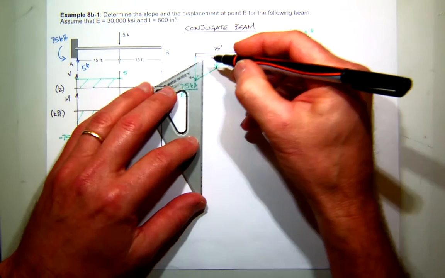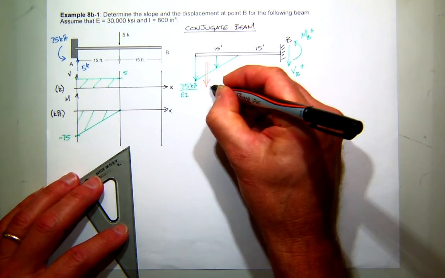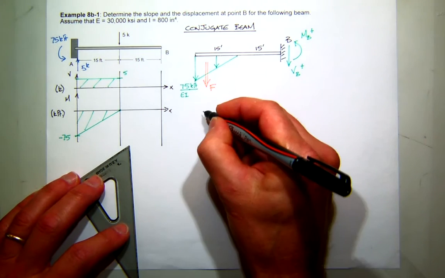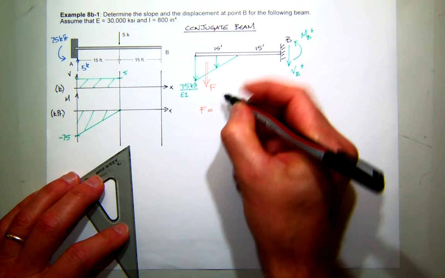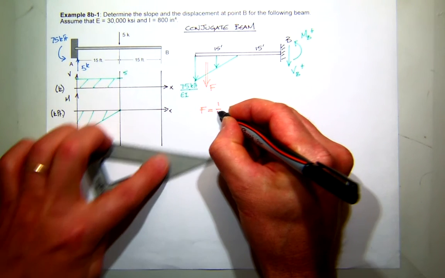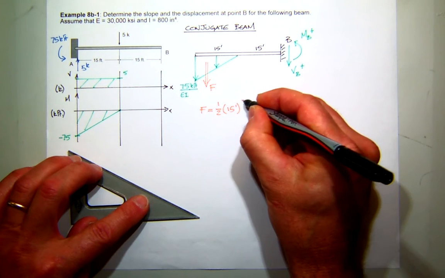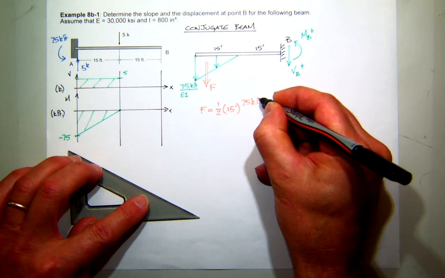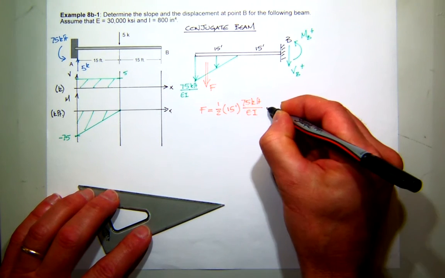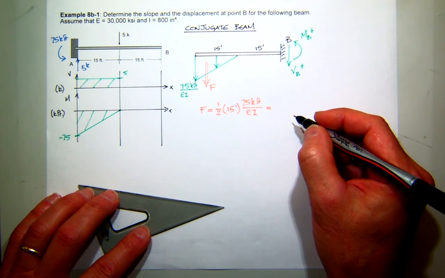So if I come over here, I should get a concentrated equivalent force. I'll just call it F. What will that be equal to? The area of the triangle, which is 1/2 base, which is 15, times height, which is 75 kip feet over EI. So what's that equal to?